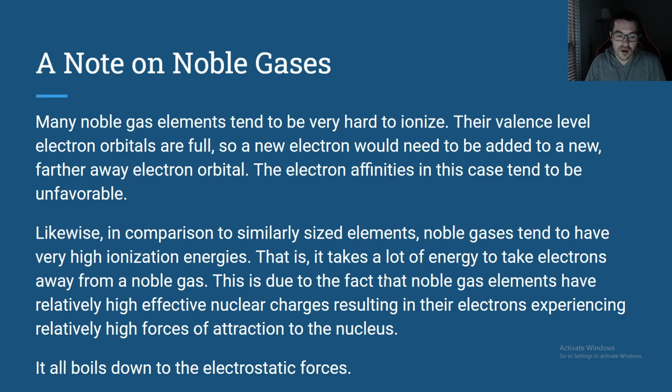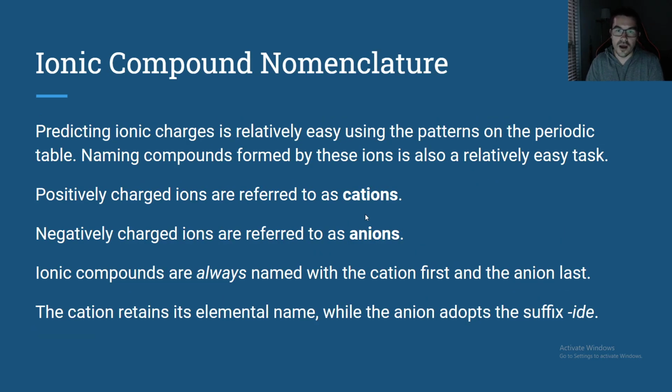Once again, if you read that final sentence down there at the bottom, it all boils down to those electrostatic forces. Coulomb's law, effective nuclear charge, distance from the nucleus. Those are the fundamental ideas that you need to be thinking about whenever you're asked about questions on ionization energy, electron affinity.